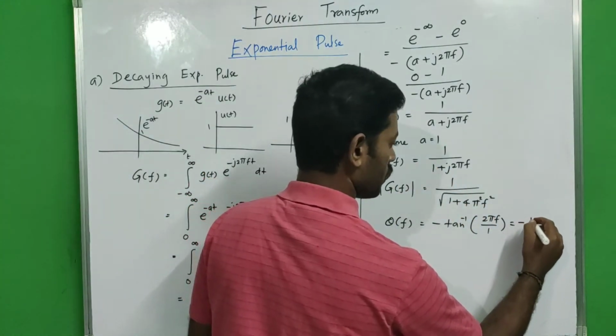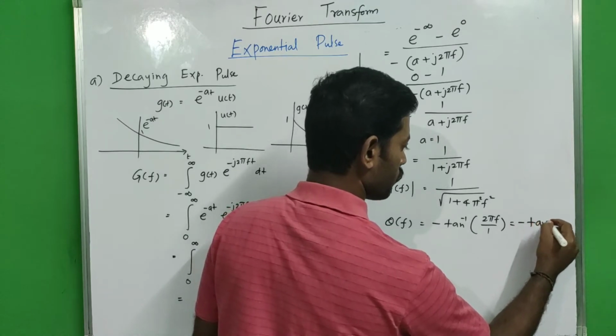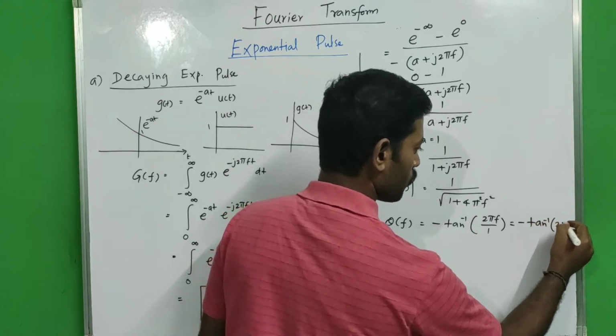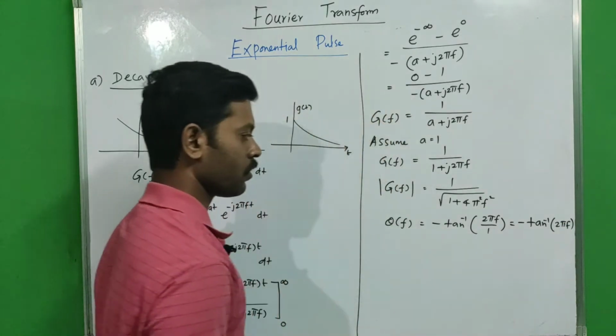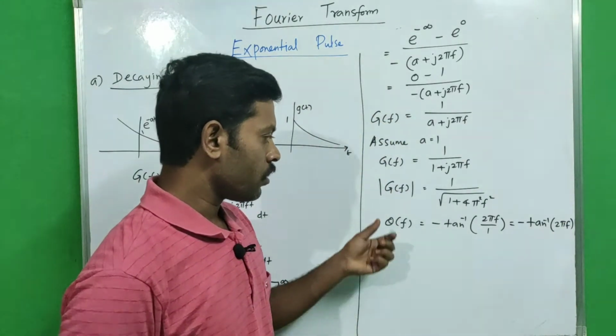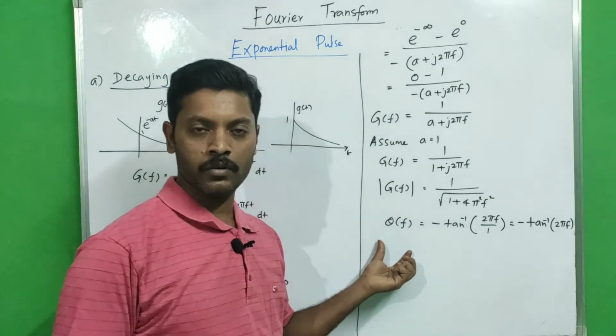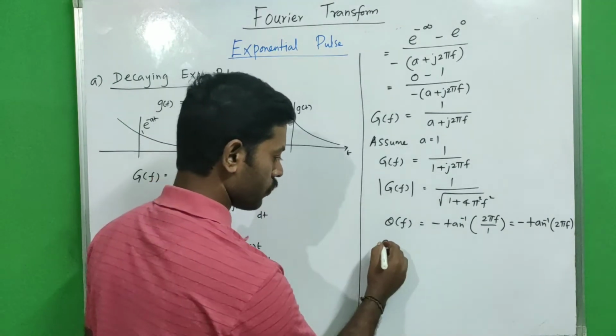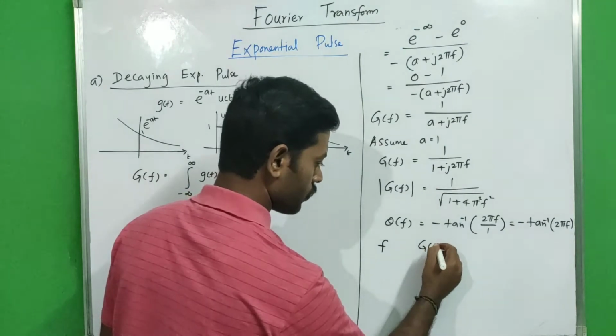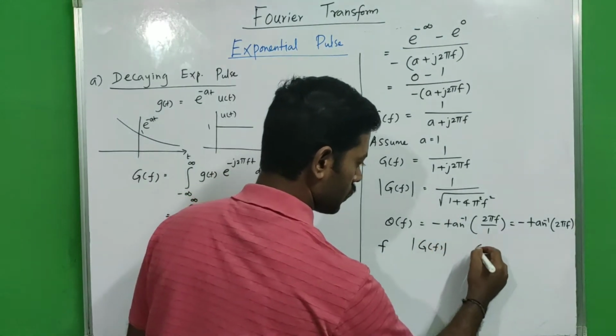So theta equals minus tan inverse of 2 pi f. To draw the phase and magnitude spectrum, I am going to apply values of frequency f, and tabulate G of f modulus and theta of f.